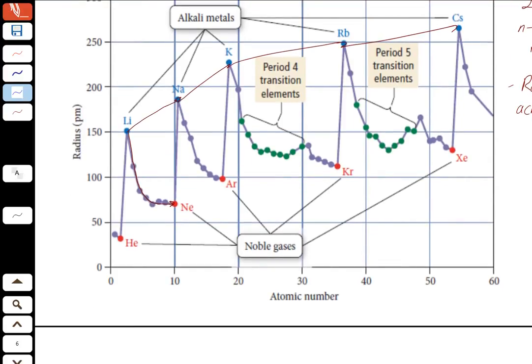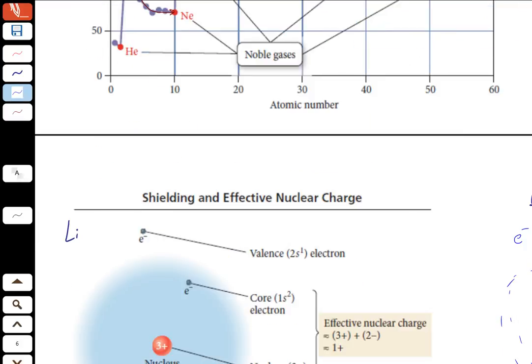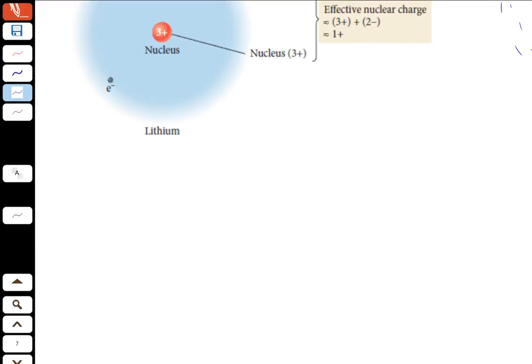All right. So let's try this. I'm going to give you some atoms, and I want you to arrange them in order of decreasing radius.